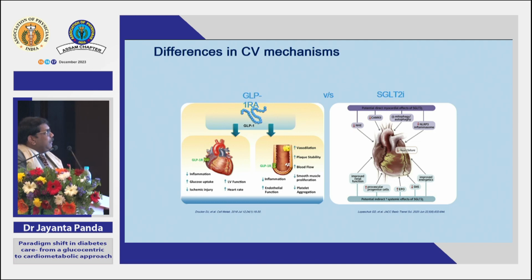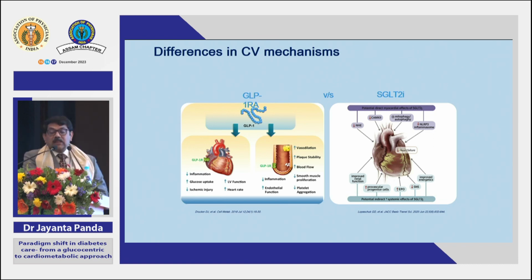You can see the multiple benefits on the heart: decreasing inflammation and ischemic injury, increasing glucose uptake, LV function, and heart rate. On the vessels: vasodilation, plaque stability, blood flow, and endothelial function, decreasing inflammation, smooth muscle proliferation, and platelet aggregation.